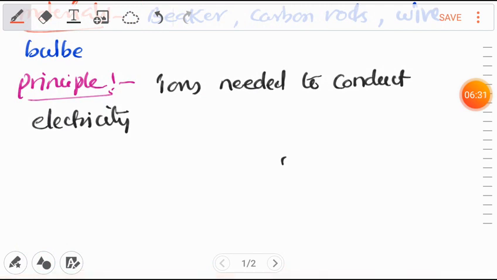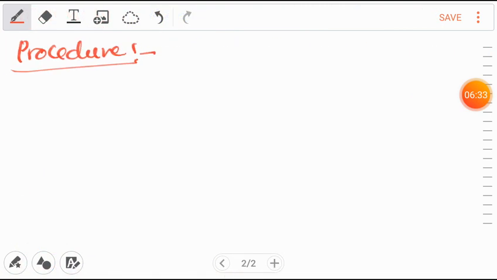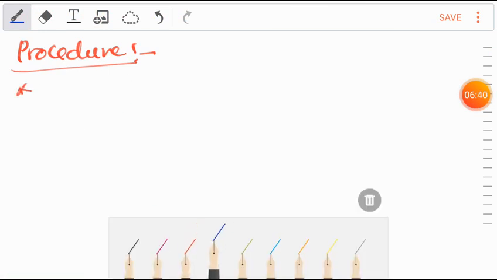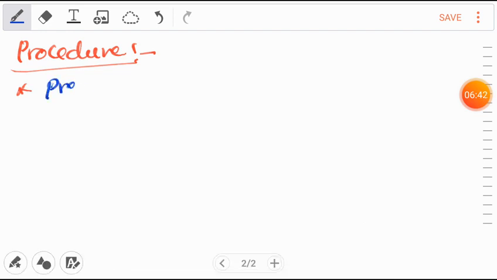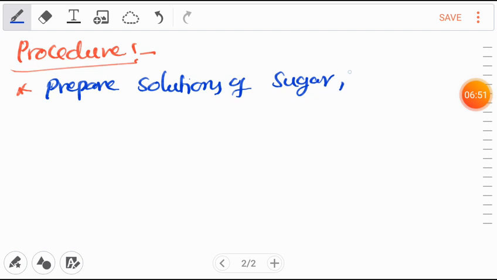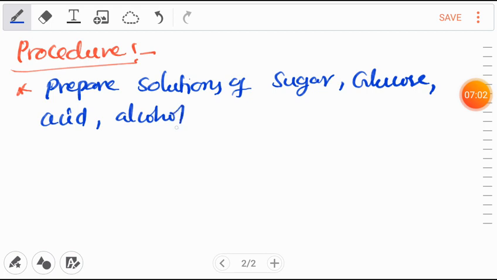In point-wise form you write the procedure. First point: prepare solutions of sugar, glucose, acid, alcohol.